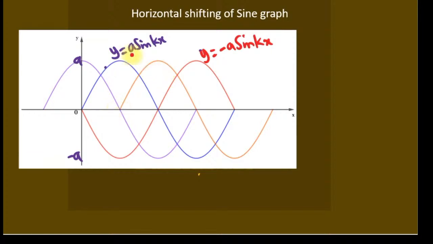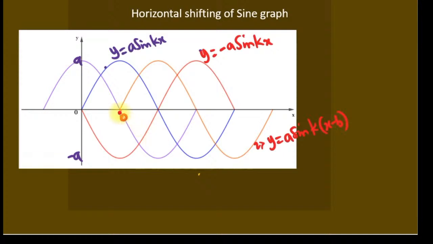Again, we've gotten the blue and red, remaining the other two. So if I decide to shift the blue graph by b units to the right, the equation will be y equals a sine k bracket x minus b.